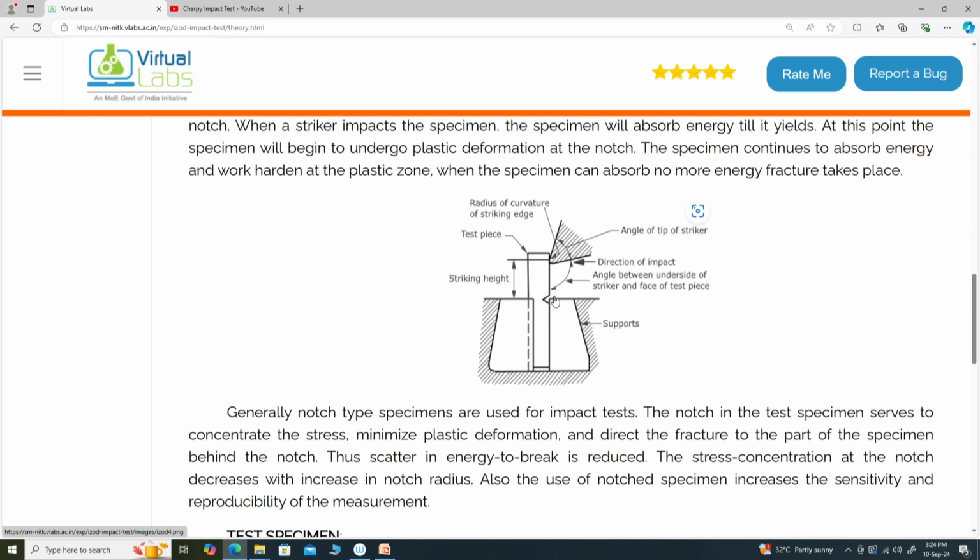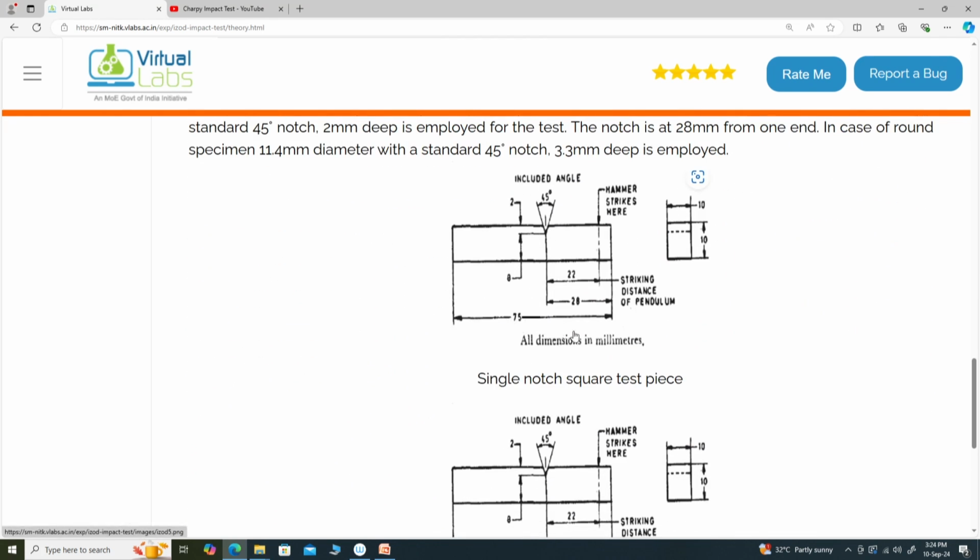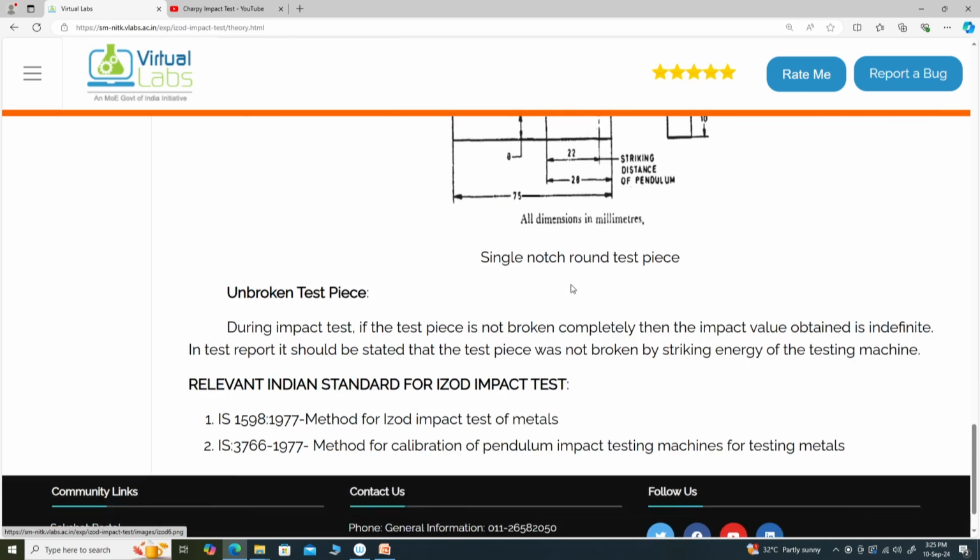This is also one of the differences, as the notch direction in the Charpy test was opposite to the striker. The test specimen is 75 millimeters long, and the notch center point is at 22 millimeters from the hammer striking point. This is a 45 degree V notch.